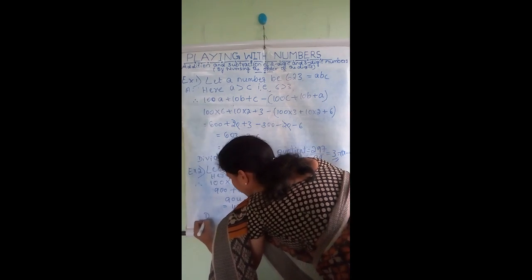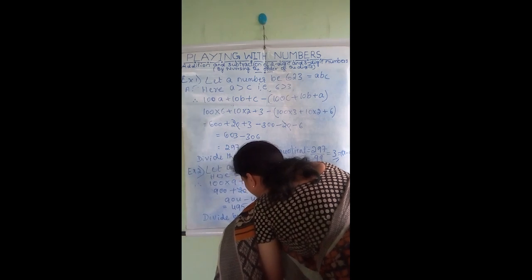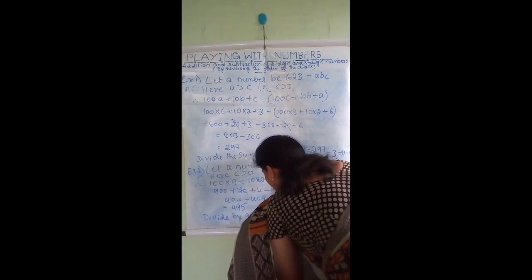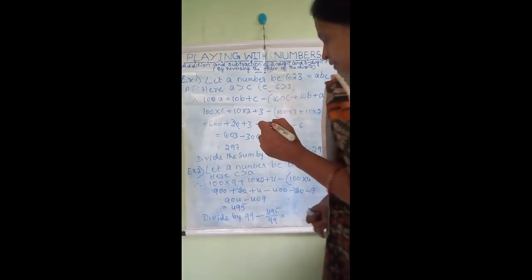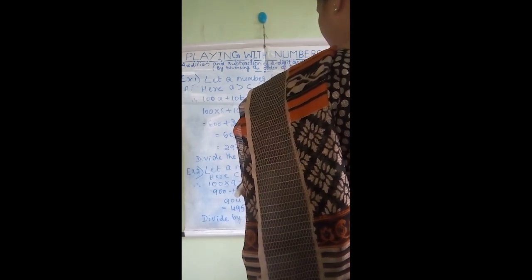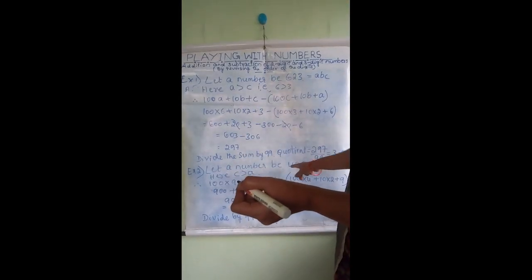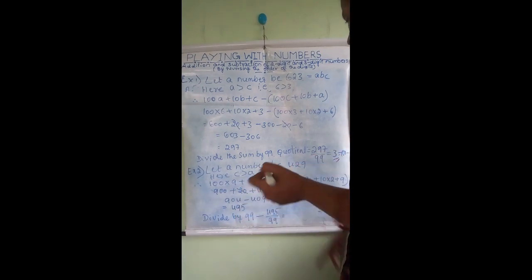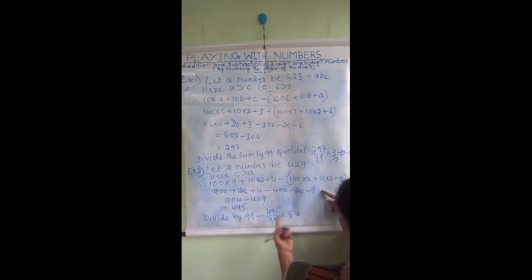495. Divide by 99. According to the general rule, you have to divide by 99 for the result, isn't it? For the difference. Now the answer is how much? 495 divided by 99 means your number is 9 minus 4, which is 5. So you should get 5 here. The answer is 5.